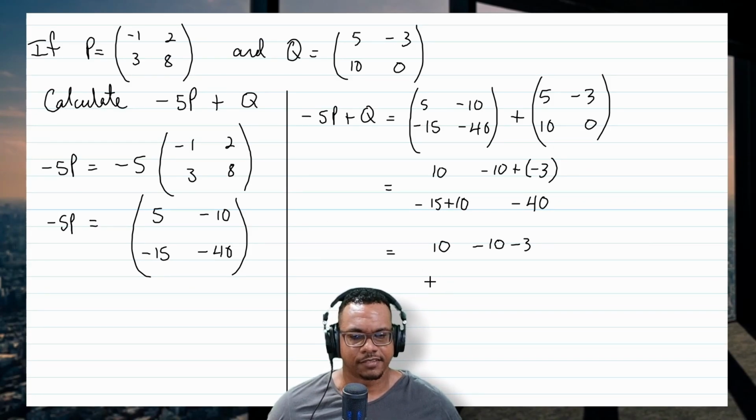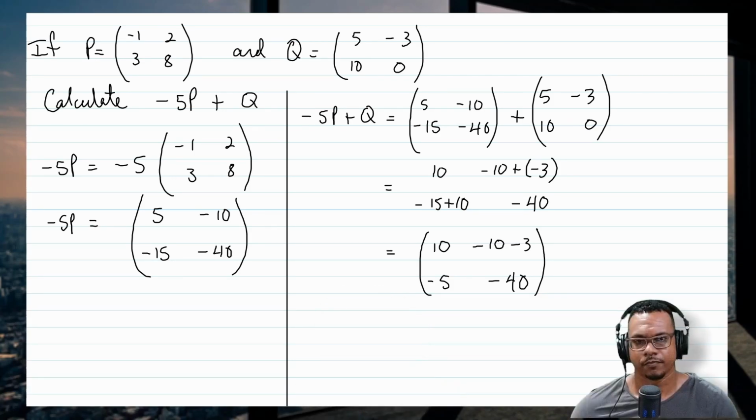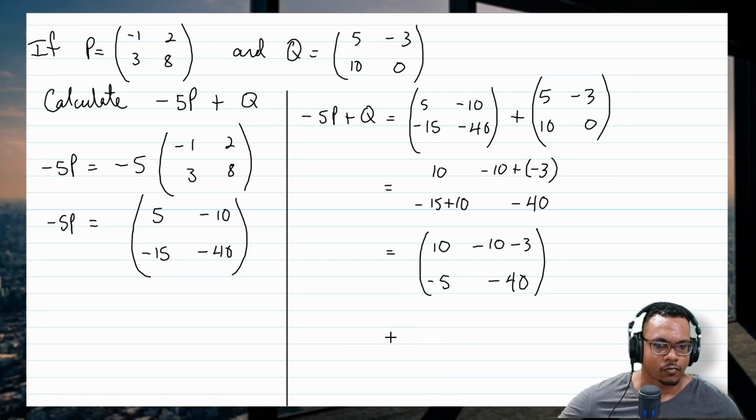All right, so we have -5, and then put -40 here. So we're going to have 10. Here we have two signs that are the same, so we're going to add and keep that negative sign. So that's -13. And then we have our -5 and -40.